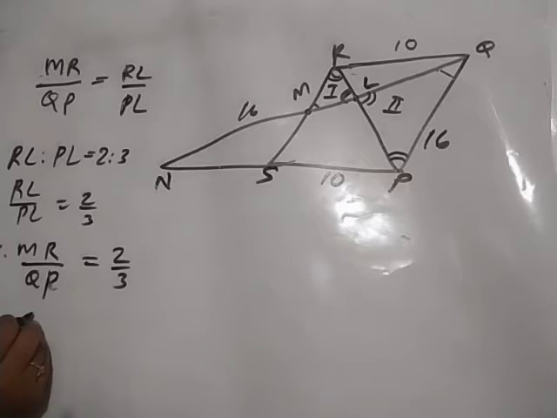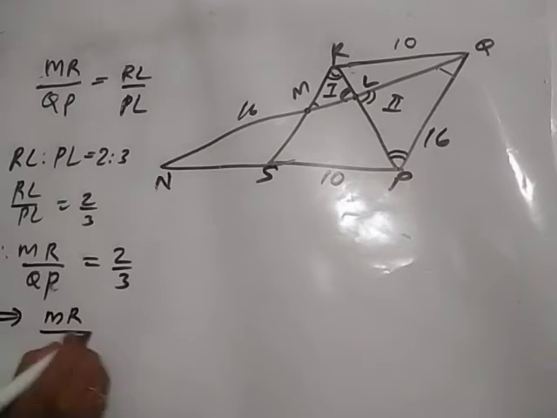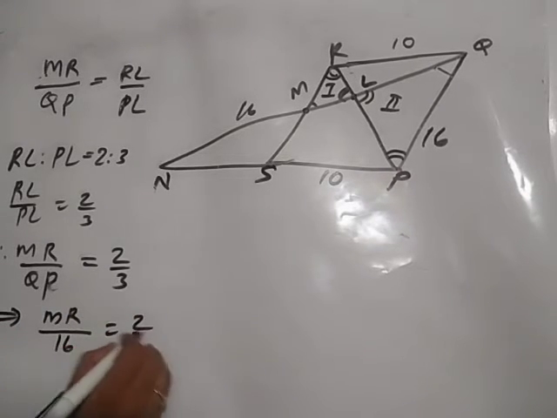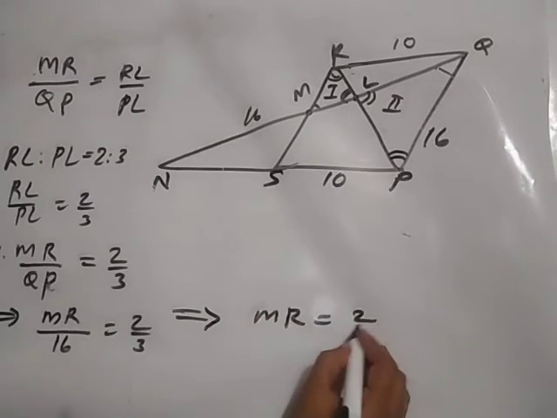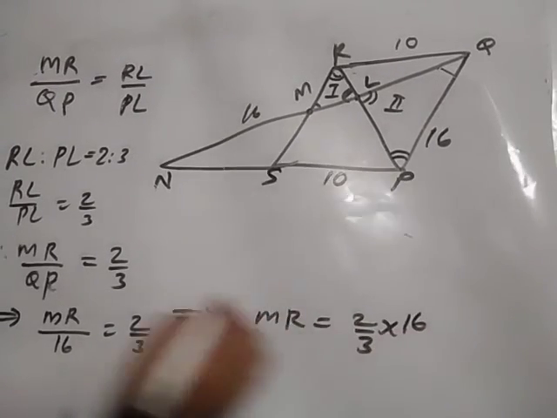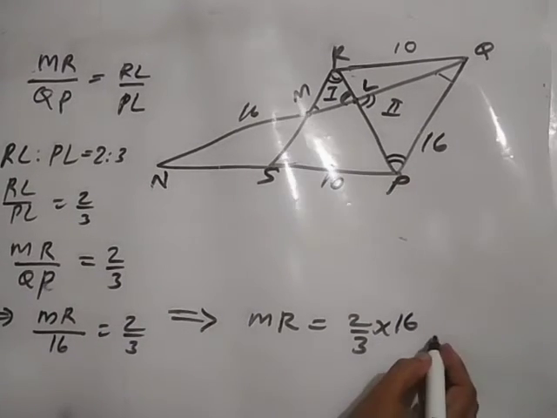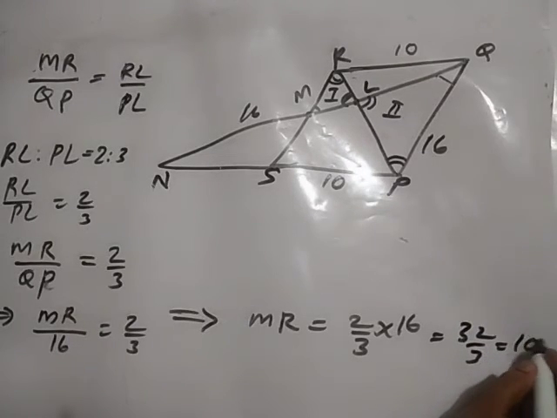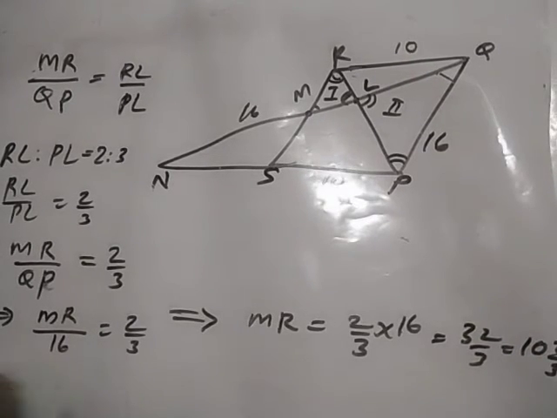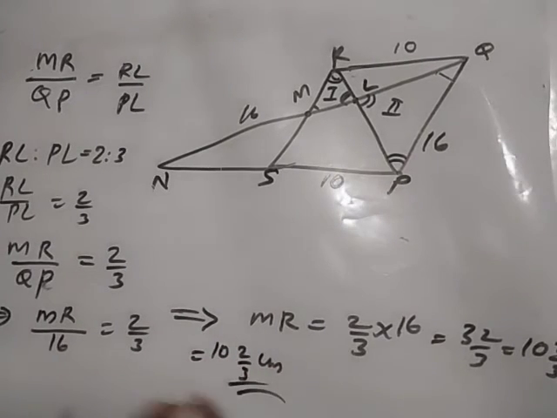What is the length of QP? It's 16. That is MR by 16 equal 2/3. So how can we obtain MR? MR is equal to 2/3 into 16. That is equal to 32/3, 10 2/3 centimeter.